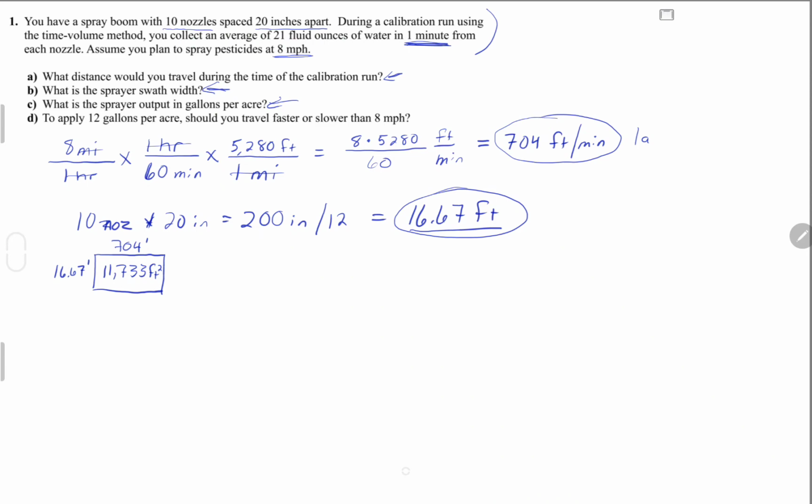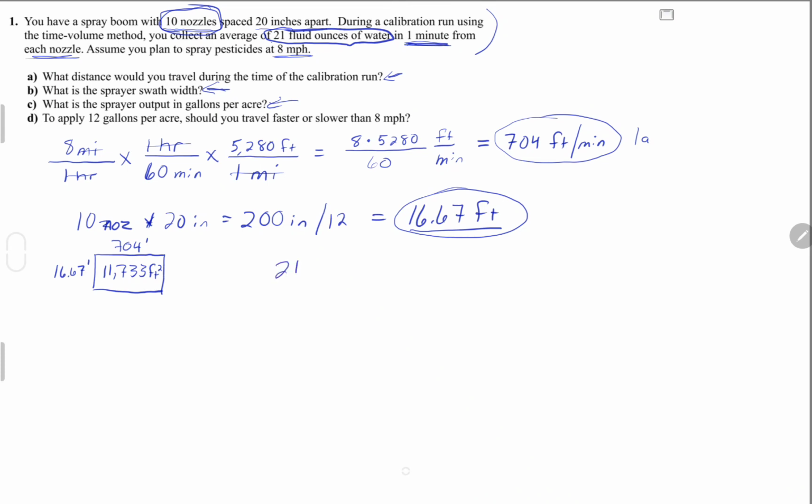And so again, we want to get volume per area. So that means we need to figure out what the volume is. During this calibration run, we collected an average of 21 fluid ounces of water from each nozzle. And we have 10 nozzles, which means to get the total volume, we would take 21 fluid ounces times 10 nozzles to get the total amount that was coming out of the entire boom.